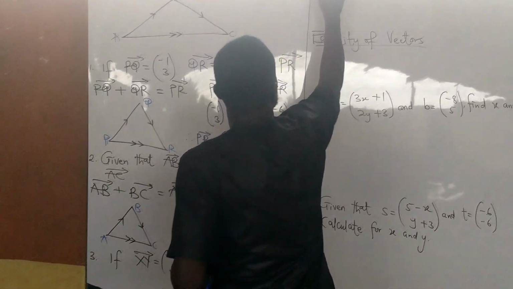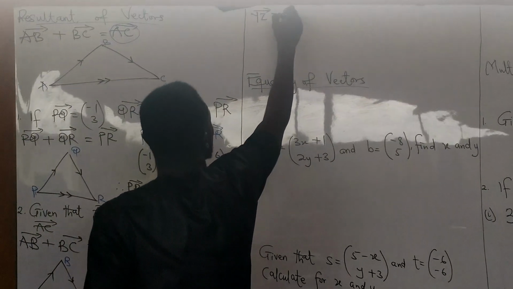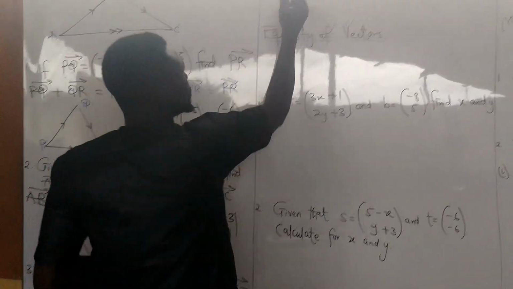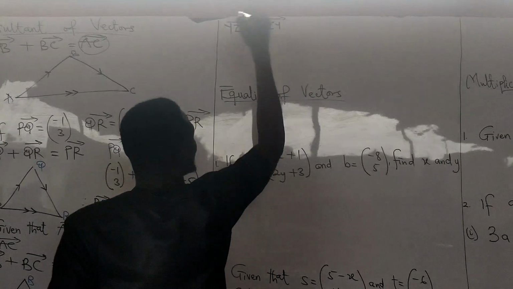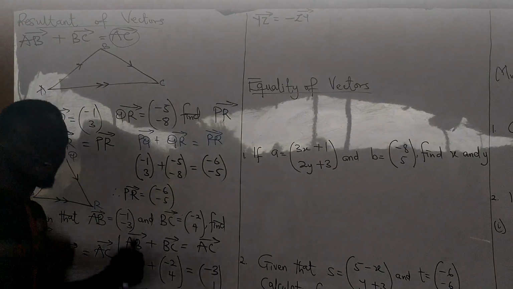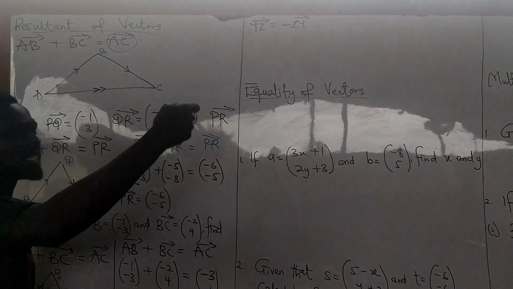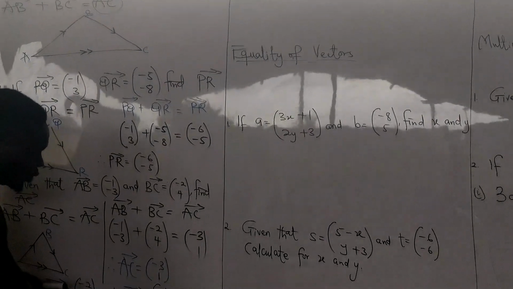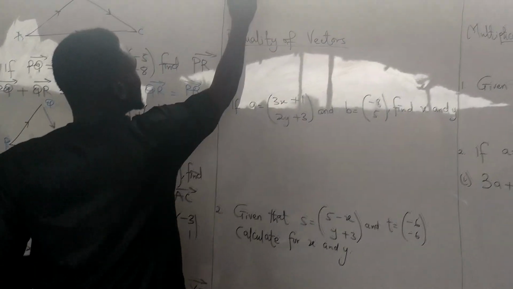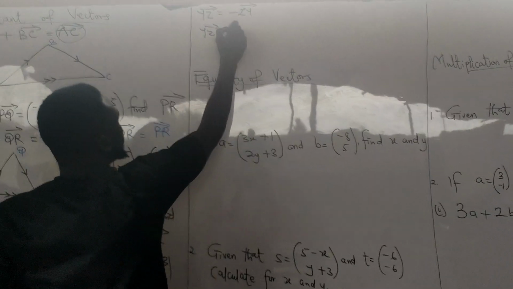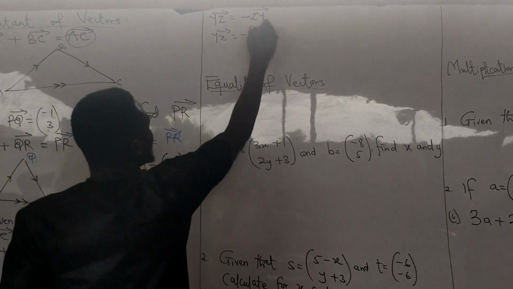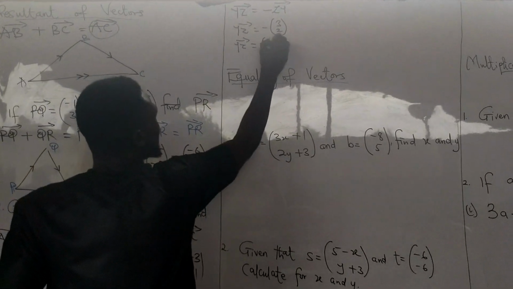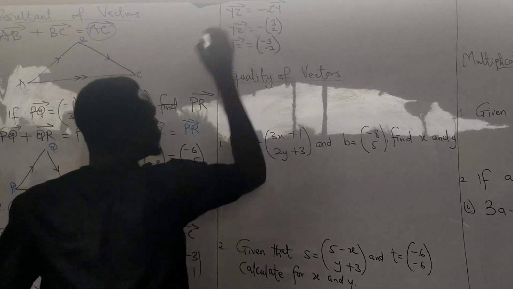Vector YZ can be calculated as the negative of vector ZY. When we were taught vectors, we were told that if you are to find the inverse, you just negate the other vector. So what is the vector for ZY? It is 3, 2. So vector YZ is equal to negative 3, negative 2.